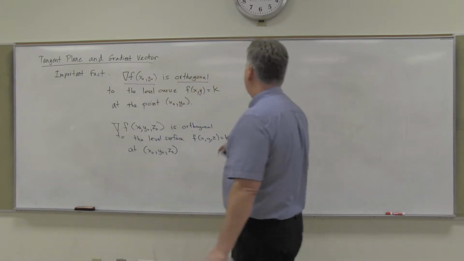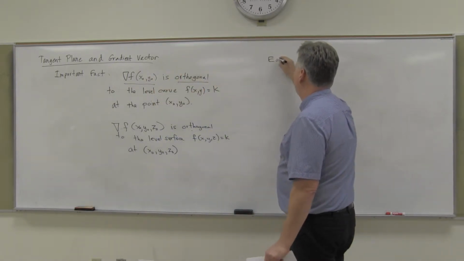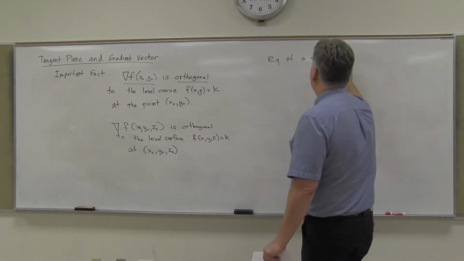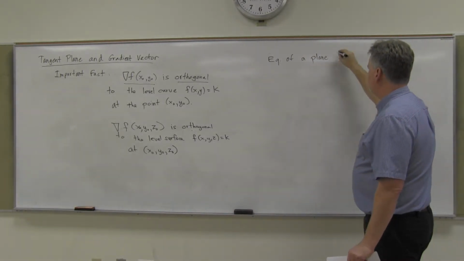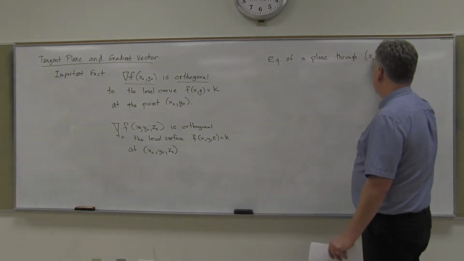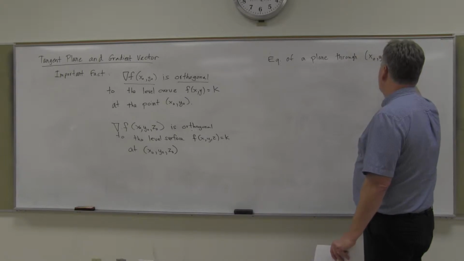All right, so remember, just in general, the equation of a plane. What do we need? Well, we need a point, so the equation of a plane through a point x0, y0, z0.